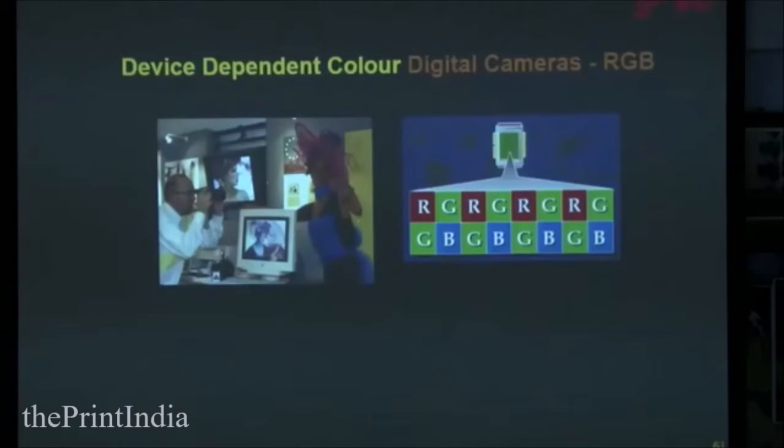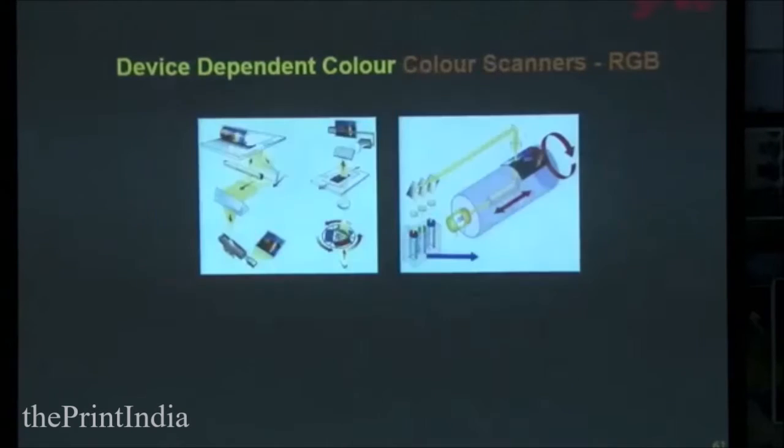Digital cameras work on the red, green, blue principle, basic color. Color scanners, again RGB scanners, separate colors into basic components: red, green, blue. So the color that it generates depends on the components which are used. Cheap scanner, not so good color.